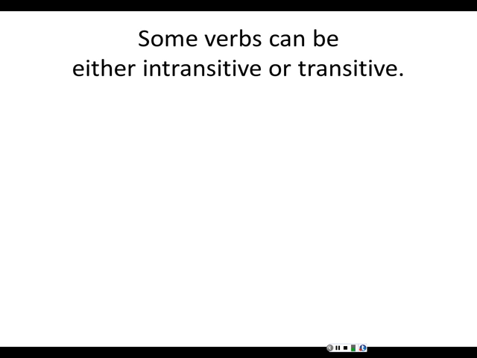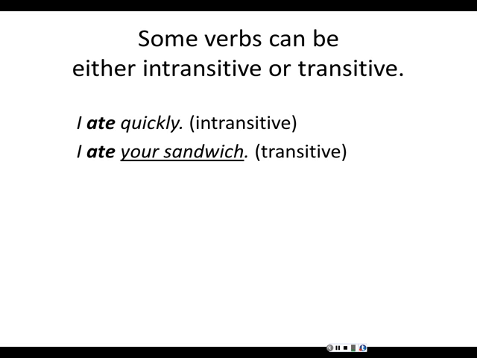Now some verbs can be either transitive or intransitive, or as I write here, either intransitive or transitive. For example, I ate quickly. That's intransitive. Quickly is not a complement, it's just an adverb. But I ate your sandwich, that's transitive. We kissed, that's intransitive.